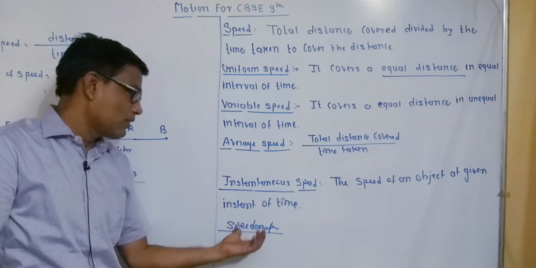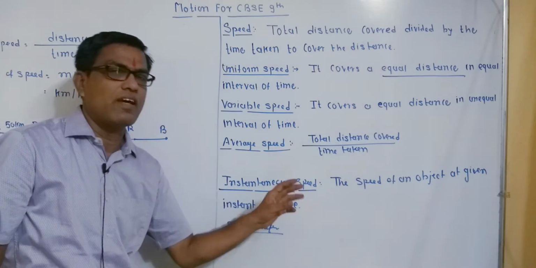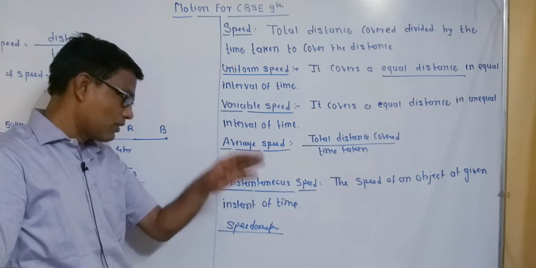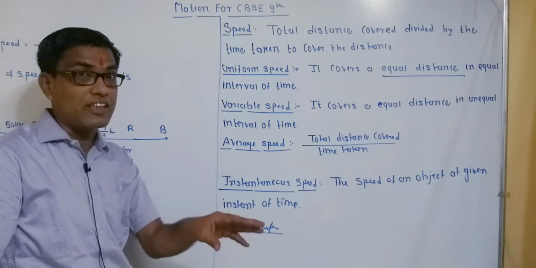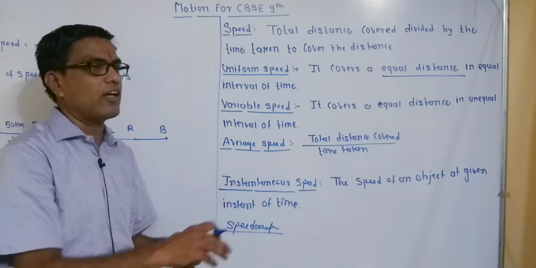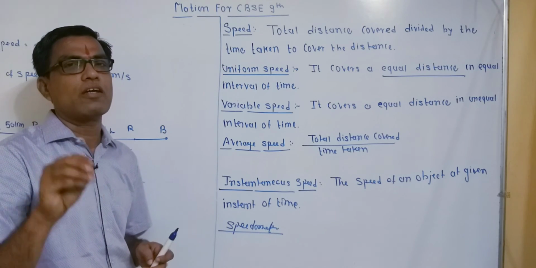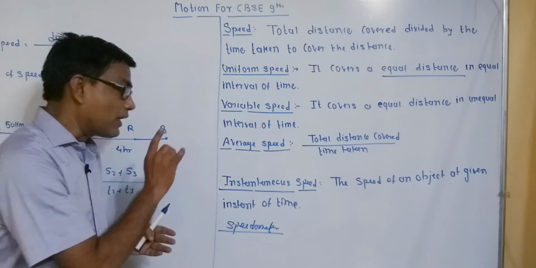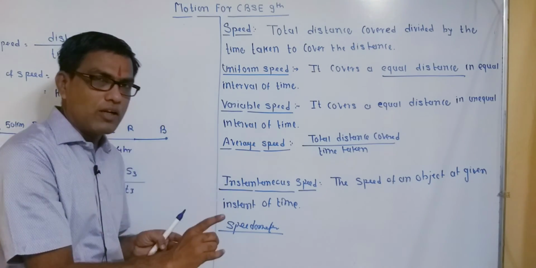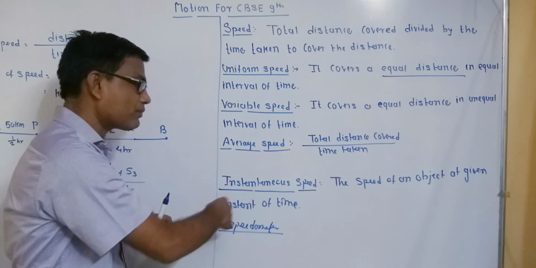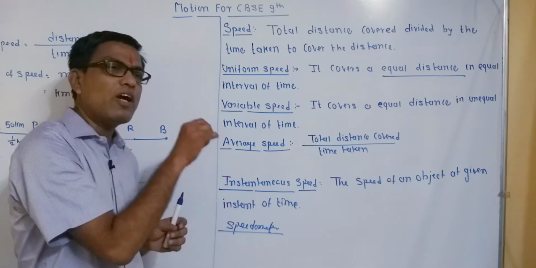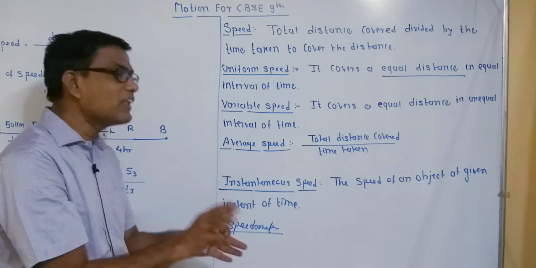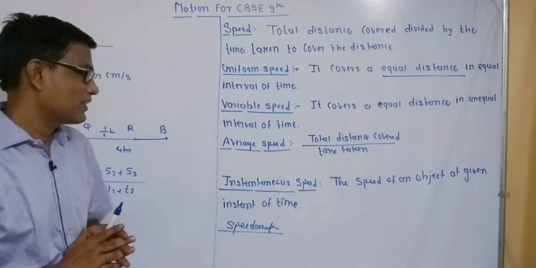The instantaneous speed of any vehicle can be measured by the speedometer. किसी भी व्हीकल का स्पीड, इंस्टेंटेनियस स्पीड मीन्स, आपको अगर पूछा जाए व्हाट इज द यूज ऑफ स्पीडोमीटर इन अ कार और एनी ऑटोमोबाइल व्हीकल, that is, the speedometer can measure instantaneous speed. What is instantaneous speed? The speed of that car or any body at a given instant of time, that is instantaneous speed.